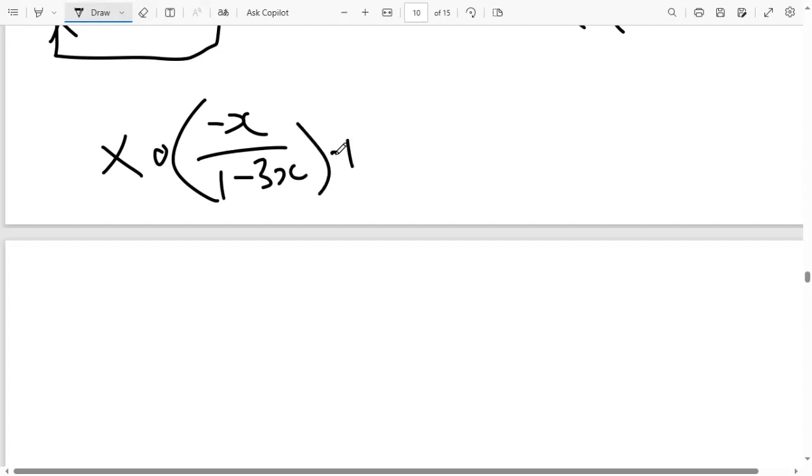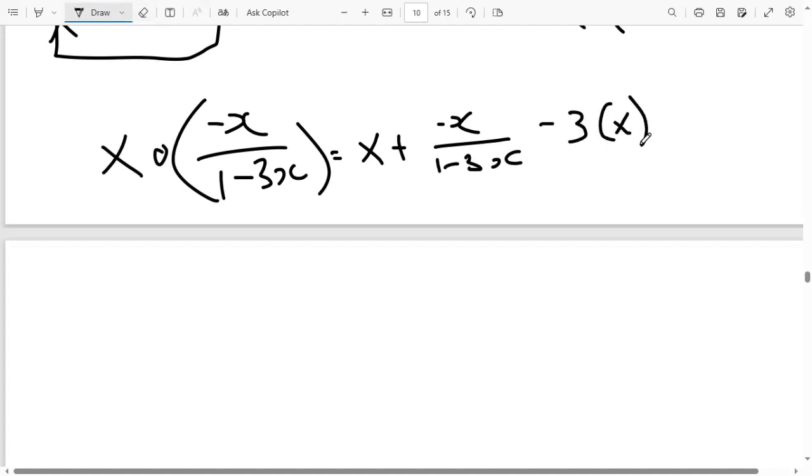If we apply the same binary operation, it will be x plus minus x divided by 1 minus 3x, and then minus 3x multiplied by minus x divided by 1 minus 3x. So does this give us a 0?